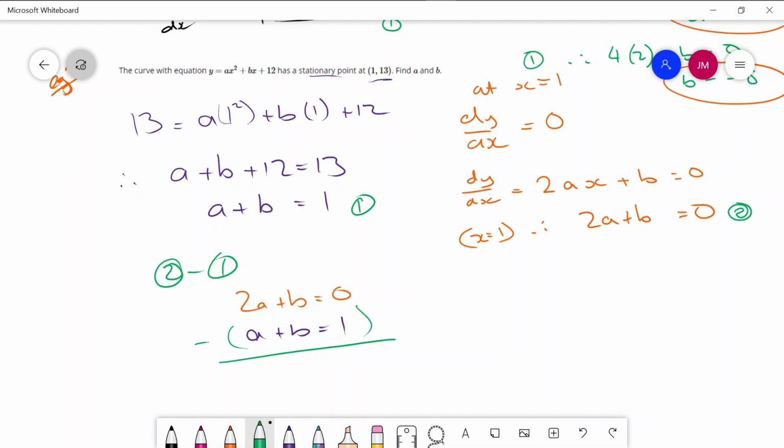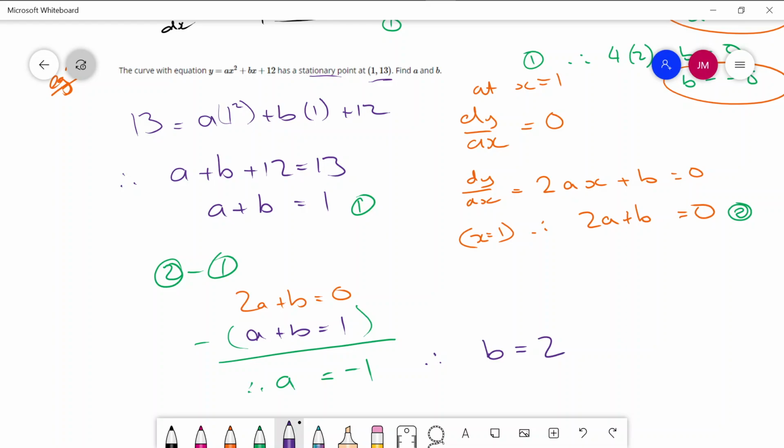So I end up getting a equals negative 1, and then sub that back in to find b. So negative 1 plus b equals 1, so b must be 2.